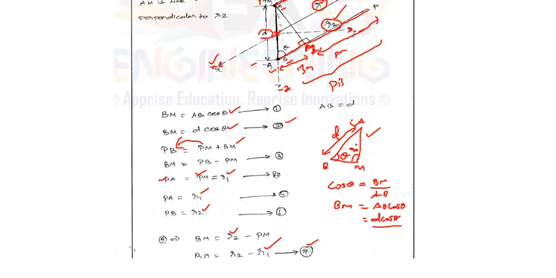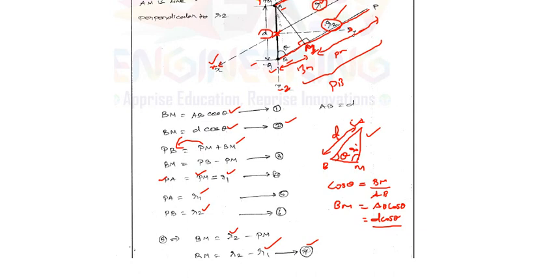And here you see PB, the distance from B to P, which is the sum of BM and PM. A perpendicular is already drawn here, and since the lines are parallel, R1 is equal to R2.